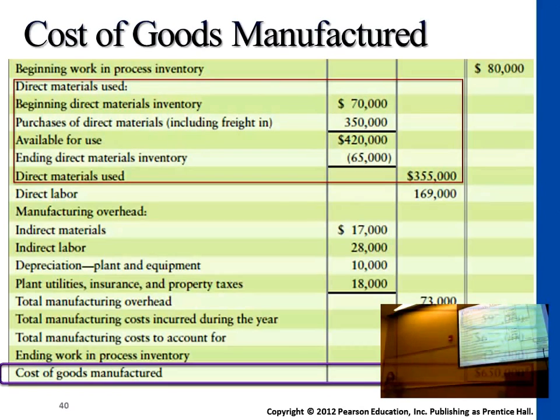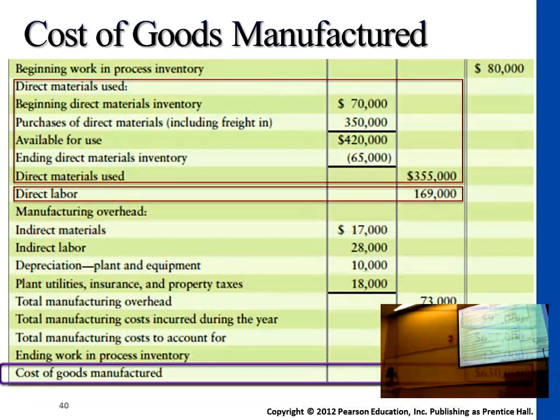This is the first part of the manufacturing cost calculation. First step: what are the direct materials used? What is it worth? $355,000. Remember, we still have two more categories: direct labor and all the other indirect costs. Direct labor tells us here we paid employees $116,900.